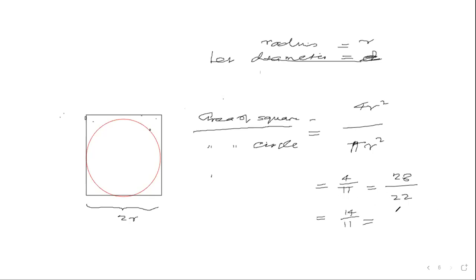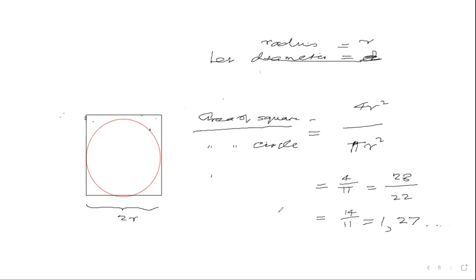And make that into a decimal. 11 goes into 30 2 times. Then you have 80. 11 goes into 80 7 times. 11 times 7 is 77, and so on. So the ratio of the square to the circle is 1.27, right?